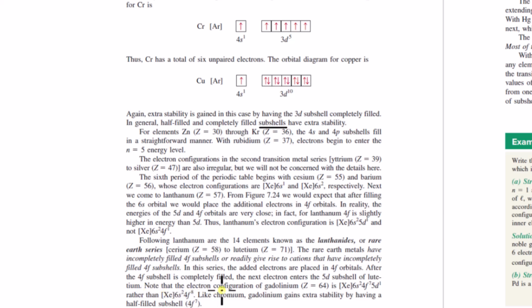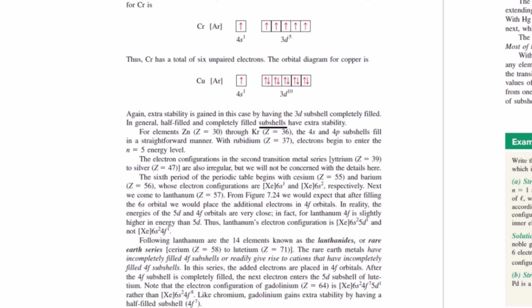Note that the electron configuration of gadolinium is xenon core 6s2 4f7 5d1 rather than 6s2 4f8. Like chromium, gadolinium gains extra stability by having a half-filled subshell.